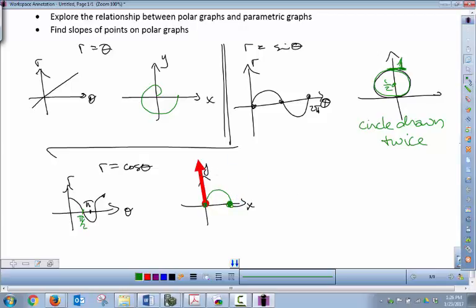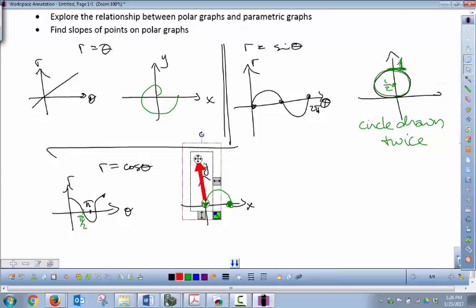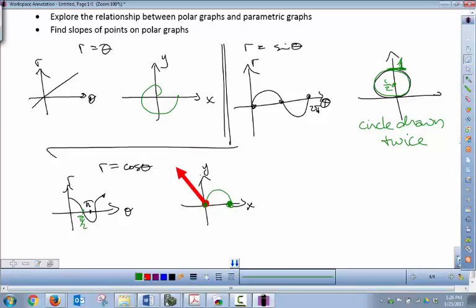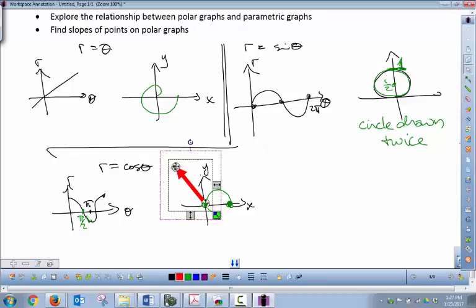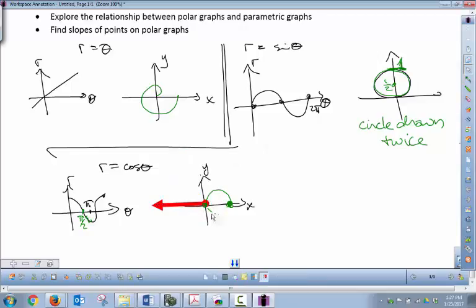Now, when my angle is in the second quadrant, my values are negative. So I would be going on this side in the fourth quadrant. So I'm going to go from 0 to -1. By the time my angle lands at pi, I'm going to be on the other side, -1, which is back to where I started from in this graph originally.